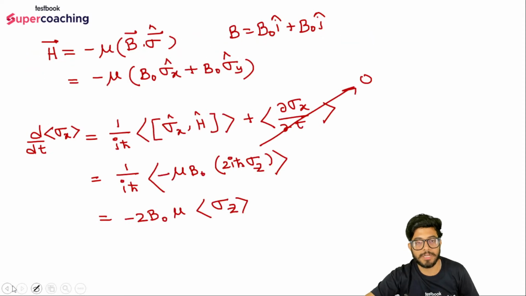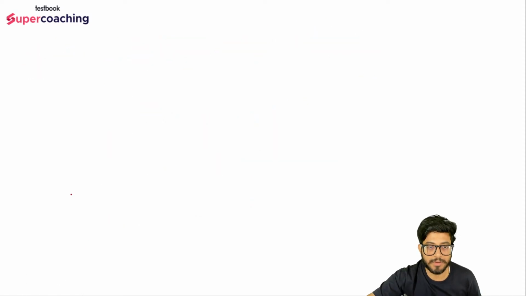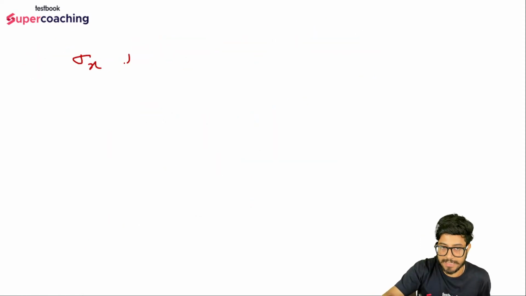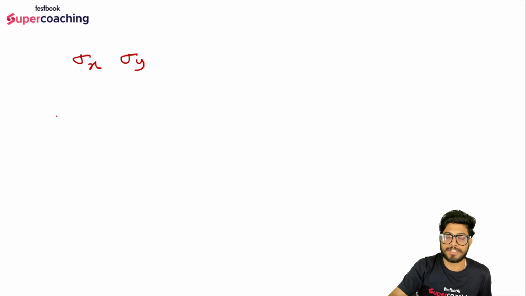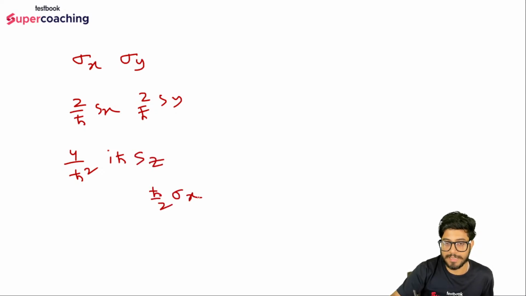Earlier here we did sigma x with sigma y; you can do either. Do sigma x with sigma y: sigma x means ħ by 2 sigma x, equal to 2 by ħ Sx, 2 by ħ Sy. You can take 4 by ħ squared outside, S is iħ Sz. Sz equals ħ by 2 sigma z.